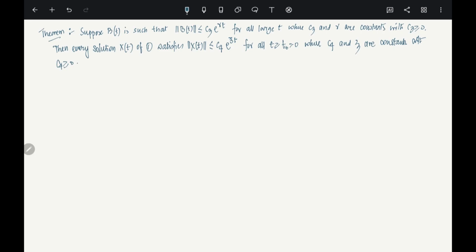So how do I show something like this? The proof is actually not very difficult. It's some calculation.